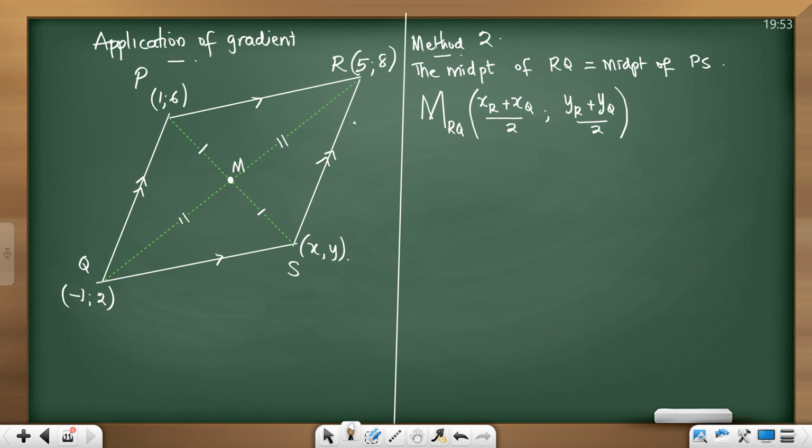Give you a moment to quickly write that, and you can also go ahead and calculate. Midpoint. What is XR? 5. XQ? -1.